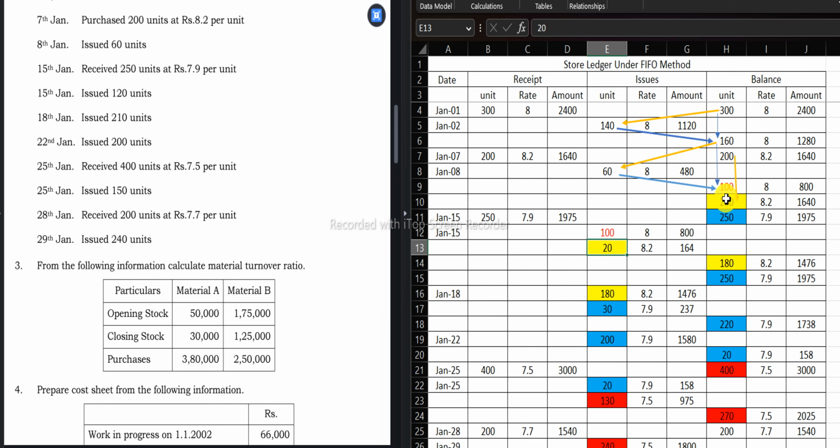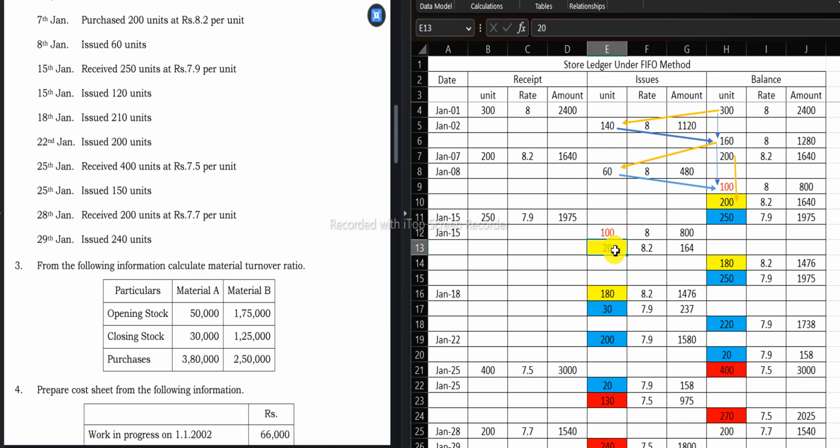I cannot issue 120 units at a time, so first I issued 100 units as it is, then remaining 20 I take from the second purchase, that is 200 units at 8 rupee 20 paise. So here 100 minus 100, the balance becomes nil.